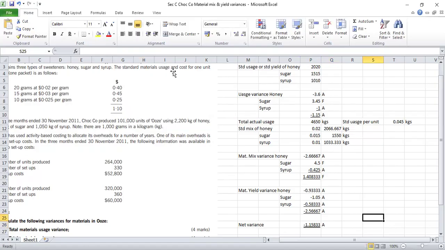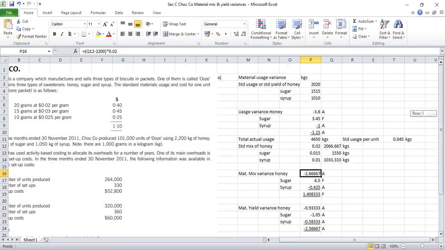One thing which you need to remember, here we use the values of kgs when we were determining the variances, but we multiplied with the gram price. So ideally what we should do, we should convert this price of the grams into kgs. So we need to divide it by 1000.